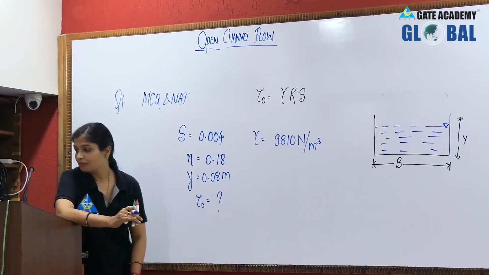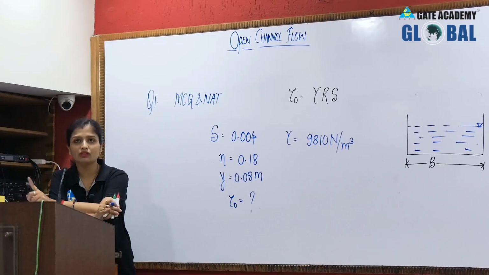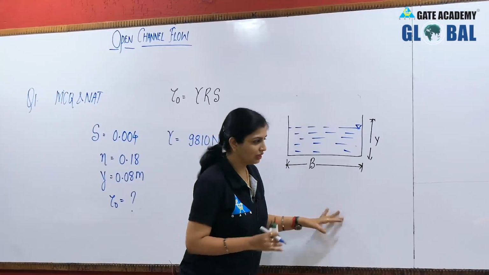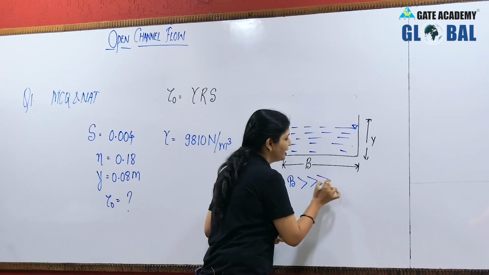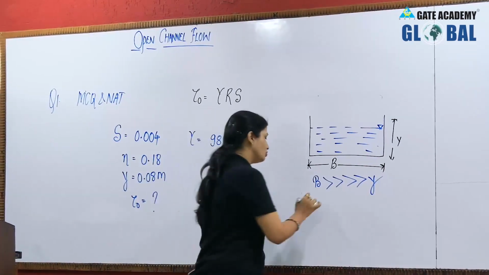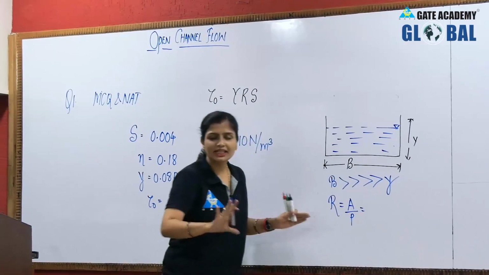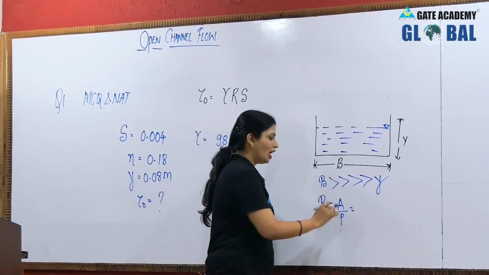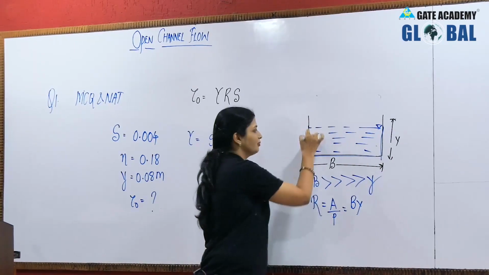Now just see. In the question it is written, consider a wide rigid boundary rectangular channel section. So if it is a wide rigid boundary channel section, can you say that width is very much greater as compared to your depth? I told you this, fine, and you know that R is equal to A by P. So if it were not a wide rectangular channel section, A will be written as B into Y and perimeter will be this portion, this depth and this depth.